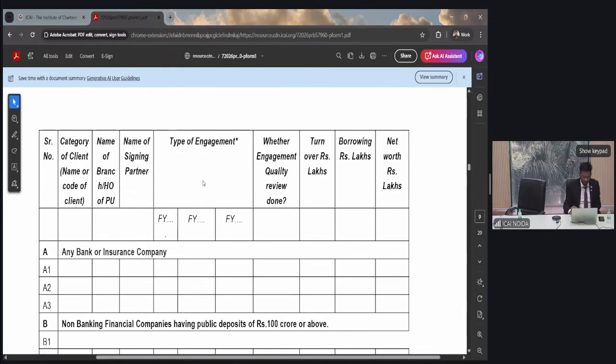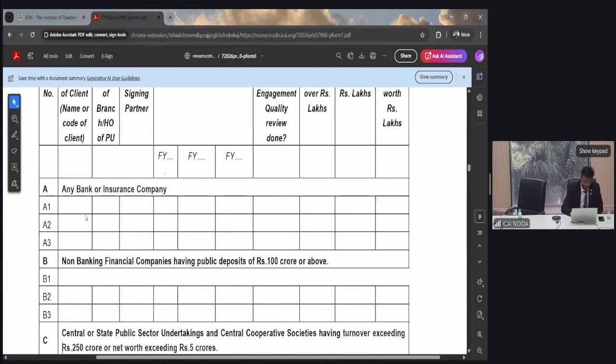Okay. Now after this, but please ensure one client will be under one category only. It will not be such a scenario that for 2 years the client will be in one category and for 1 year it will be in another category. No, one client, one category. Then after you have placed all the clients in the respective categories, then you put the serial number.